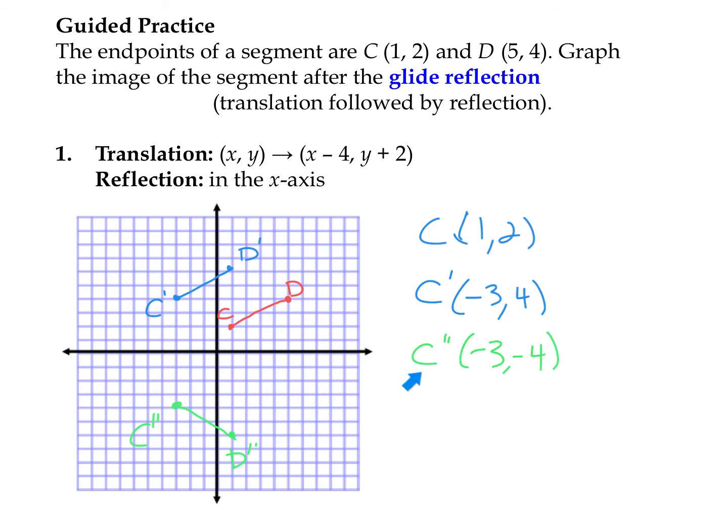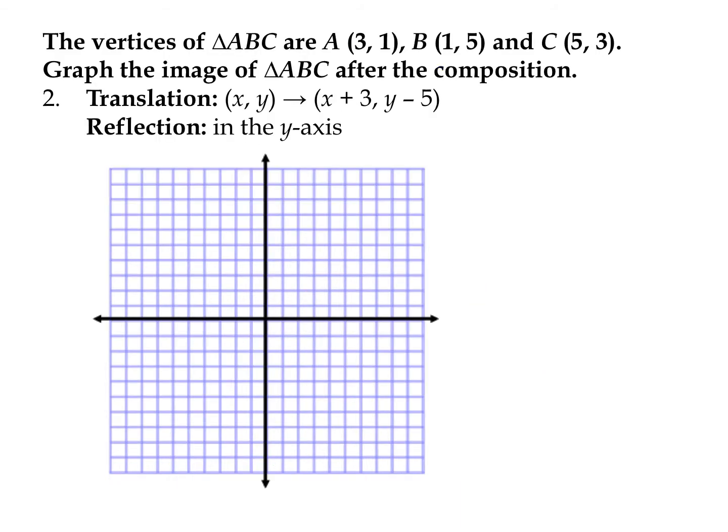And so we could see that point. C double prime would be at negative 3, negative 4, just like we'd expect if we followed the coordinate rules. So some different ways you can go about that. This is our end goal here, to graph that image after the composition of the two transformations.